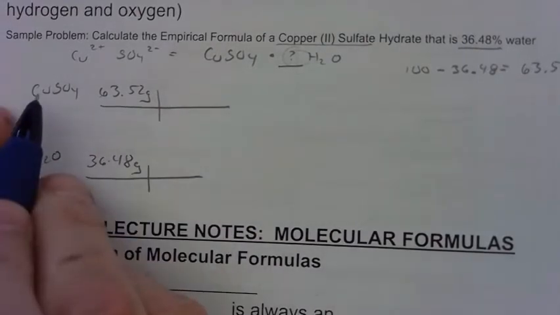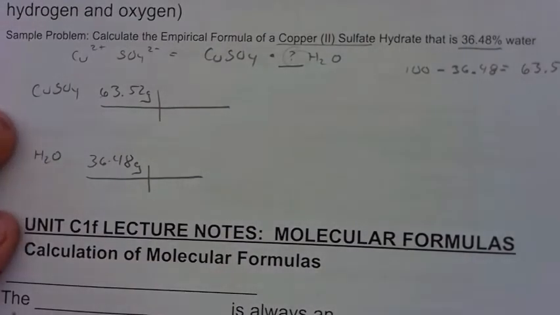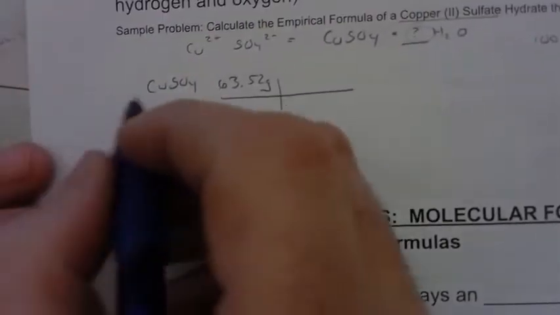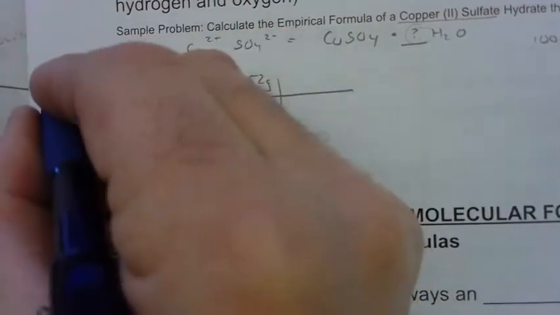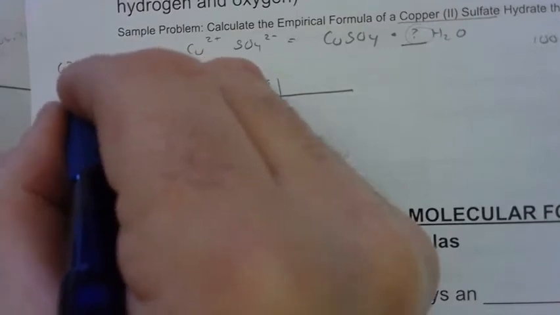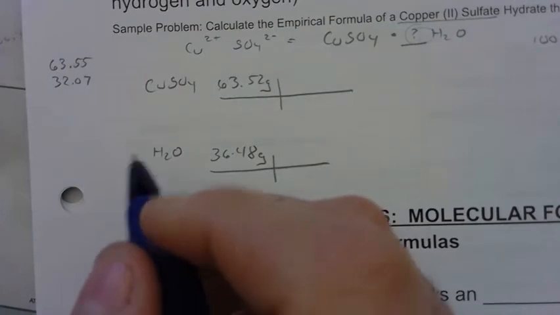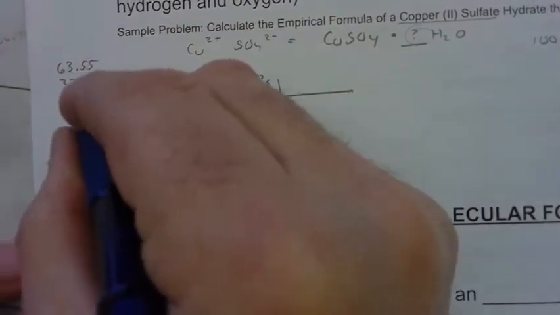We need the molar mass of CuSO4. So off to the side here, I know I have one copper at 63.55, I have a sulfur, which is 32.07, and I have 4 oxygens, each one is 16, so 4 of them are 64.